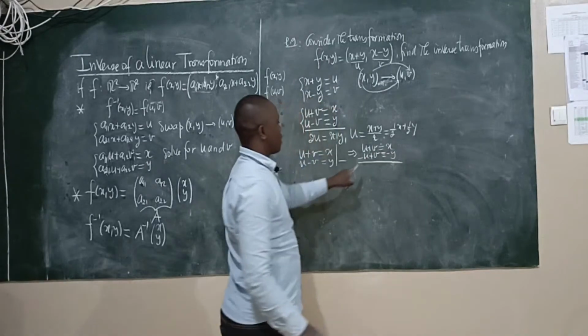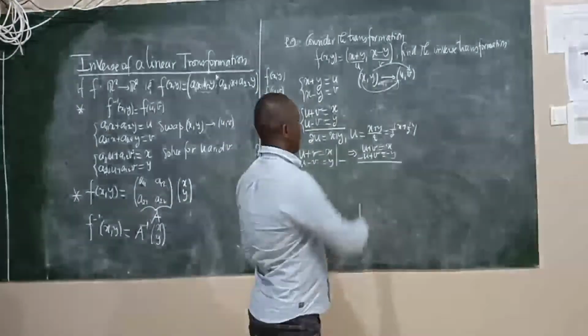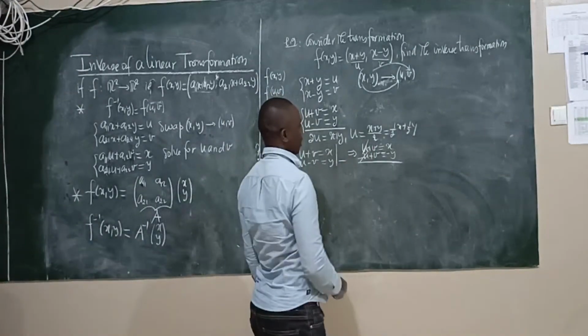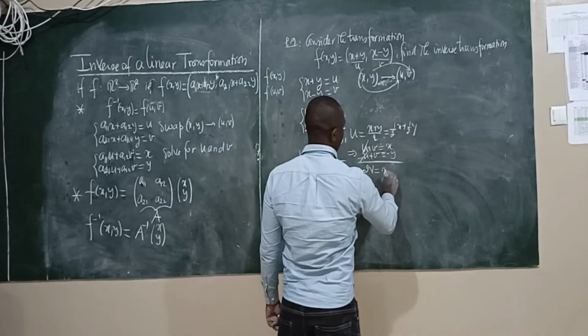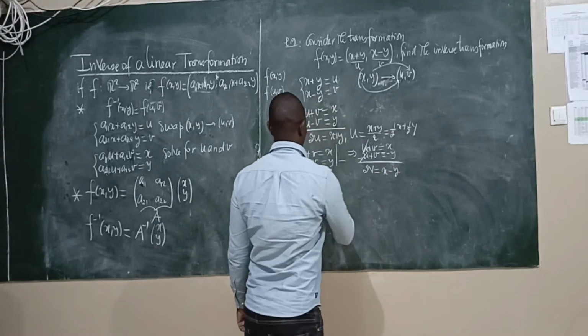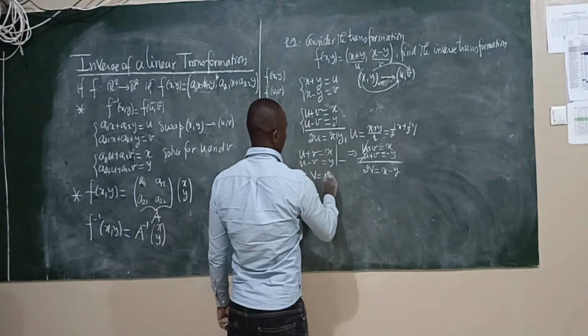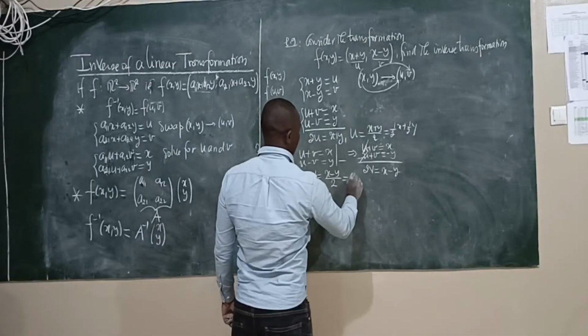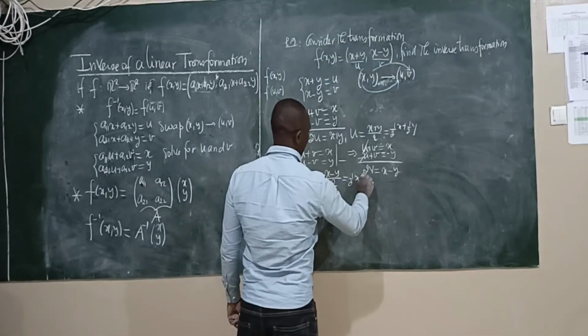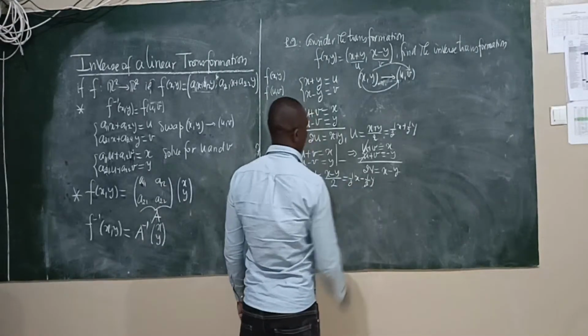So, summing the two equations, this stuff will be canceling. Here is going to be 2v, which is x minus y. So, v is going to be a half of x minus y. This is 1 over 2 times x minus 1 over 2 times y.